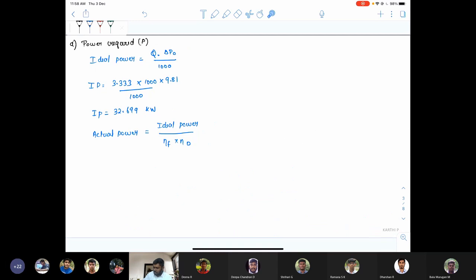Substituting, P is equal to the ideal power, 32.699 kilowatt, divided by 0.82 into 0.88. On calculation, the value of P is equal to 45.3 kilowatt.